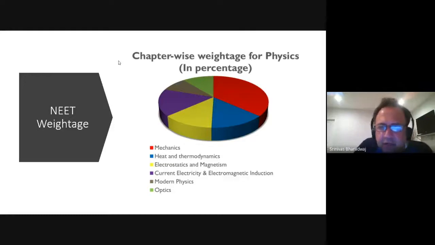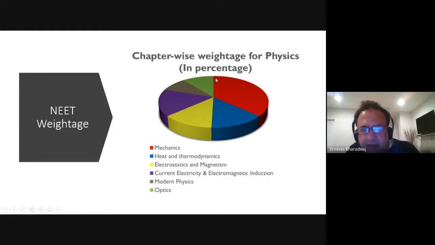In our previous lecture, the Saturday morning lecture, we covered the red part, mechanics. So we went through kinematics, Newton's laws, and then the third part, which is work, power, energy.